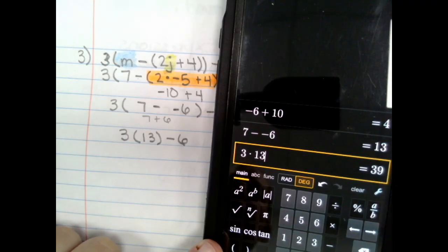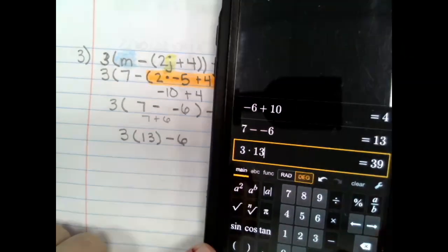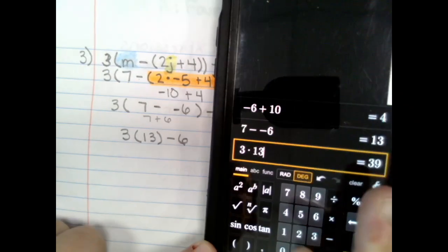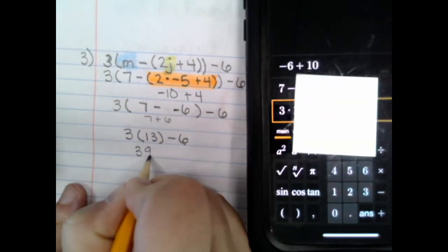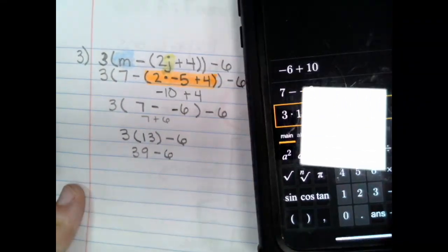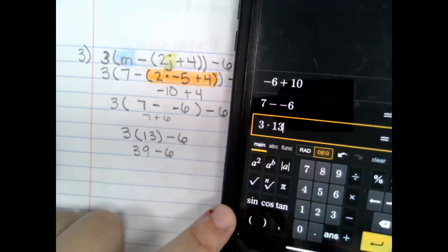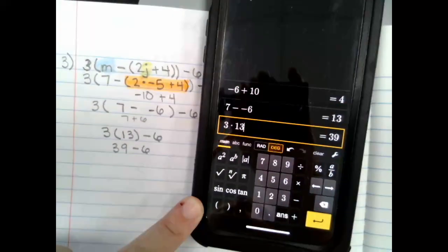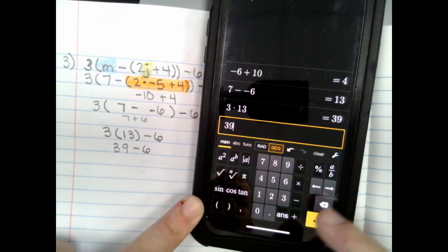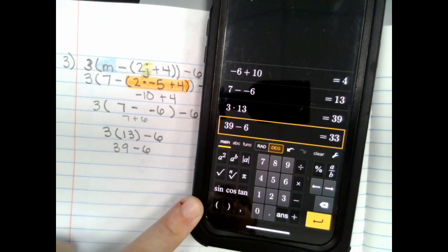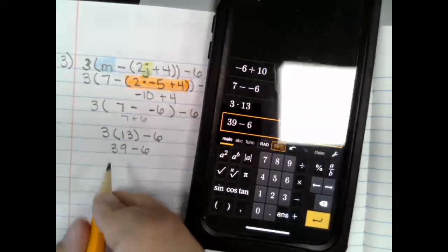Desmos is on your computers. 3 times 13 is 39. And then the last step is 39 minus 6, 33.